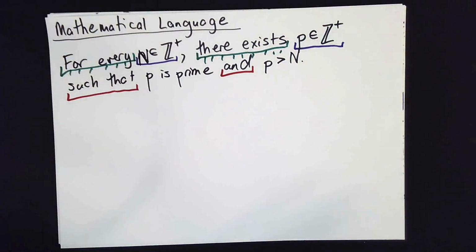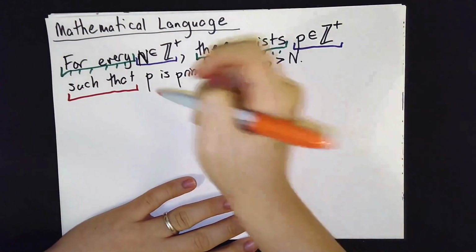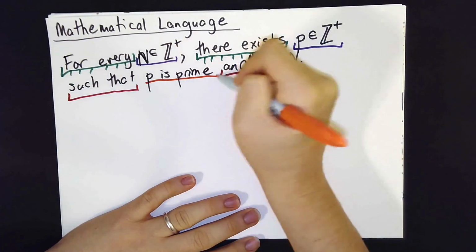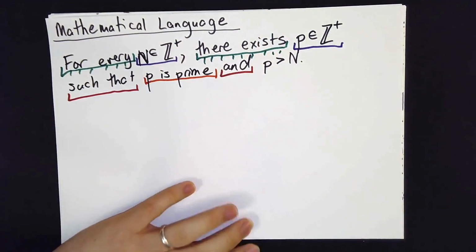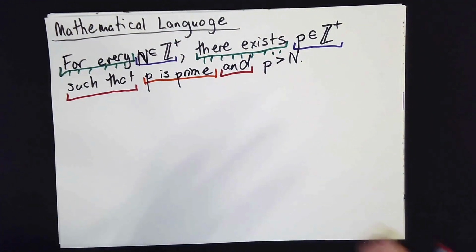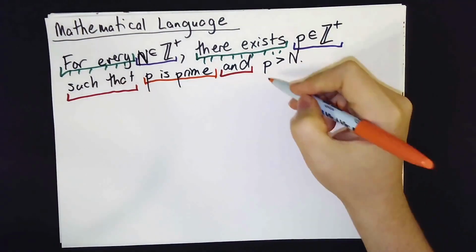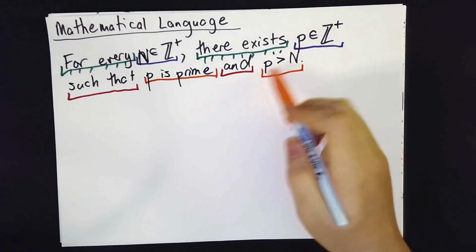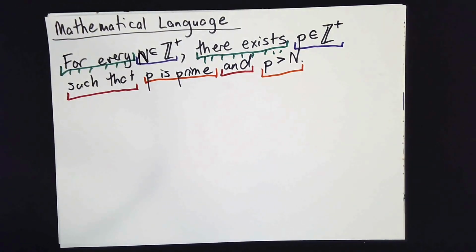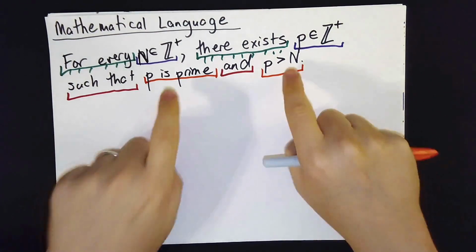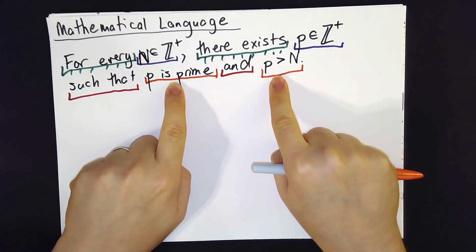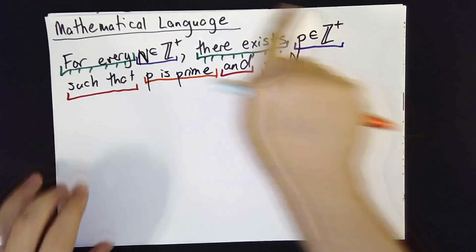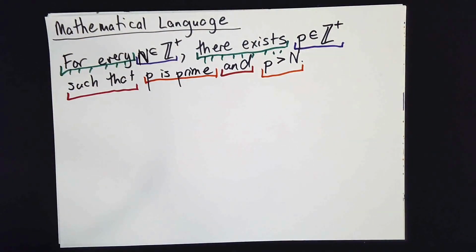All of the mathematical content in this statement lives in this bit where I say p is prime, so you know what a prime number is, but that's sort of buried in here. And p is greater than n. This is something you've known for a very long time, what it means for one integer to be greater than another. But all of the sort of quote-unquote math part is buried in these two pieces. The rest of this is the connecting stuff.